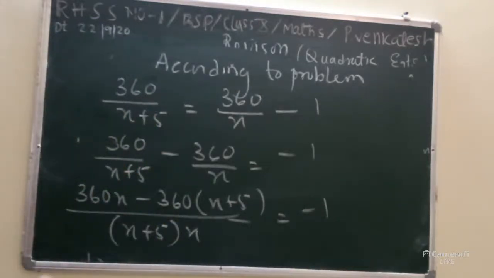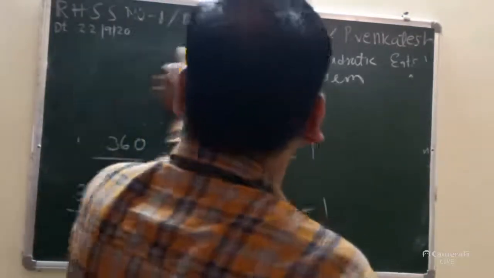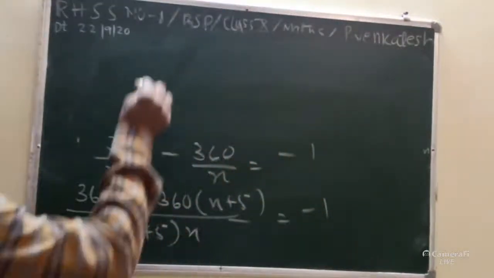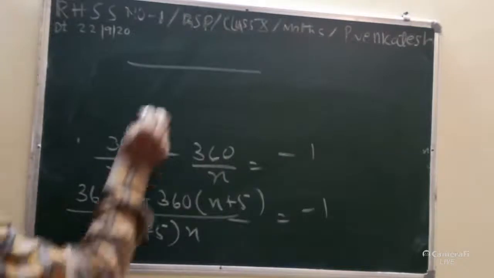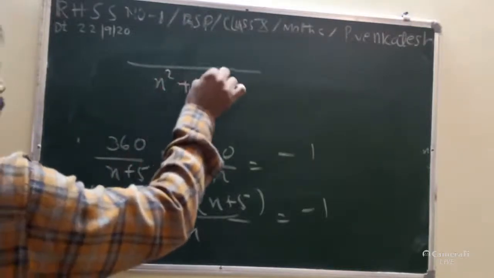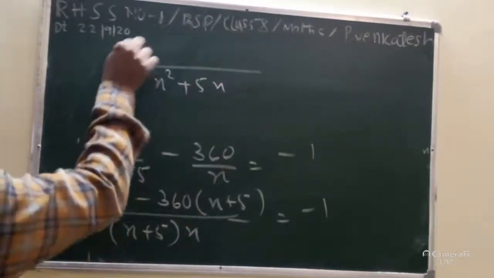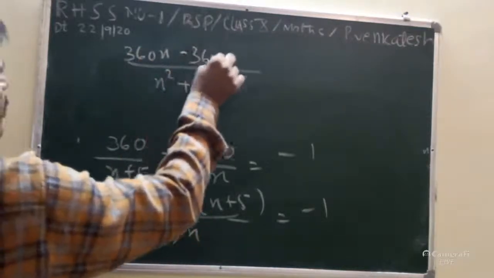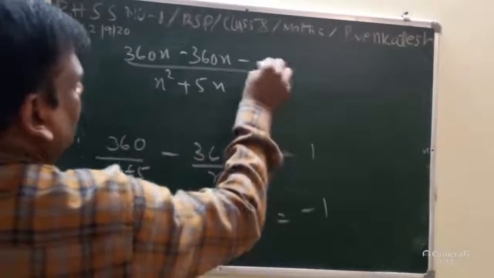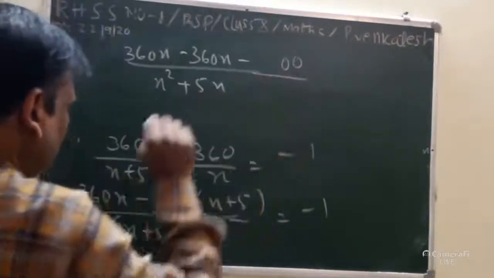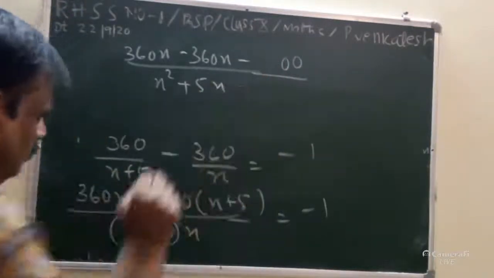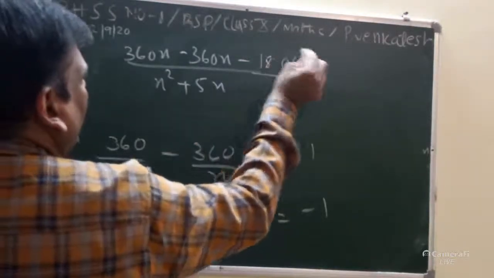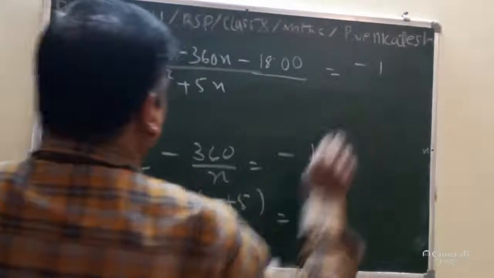Now solve it. See here, x into x will be x square plus 5x. 360x minus 360 into x, 360x minus 5 times 360, which is 1800, is equal to minus 1.